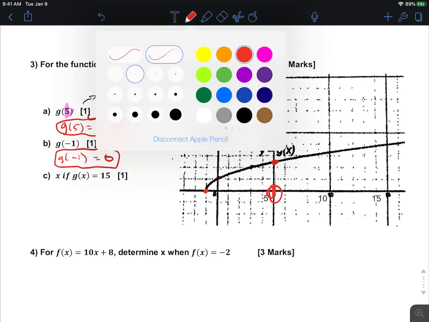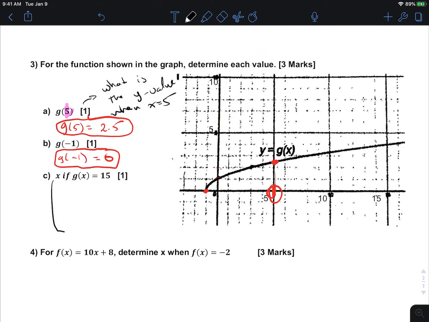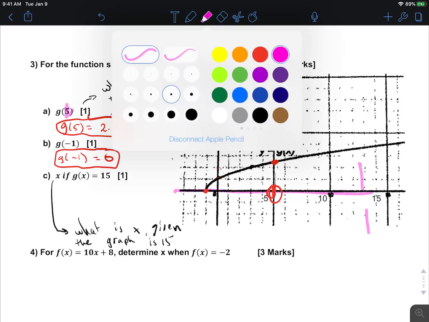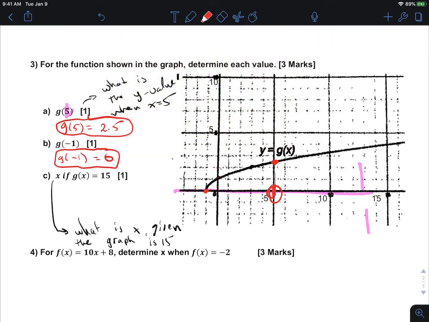Then the last one flips your order. So now this one's saying, what is x given the value of the graph is 15? So instead of walking along the x-axis and looking up or down this time, you're going to go along the graph until you find the value of 15.